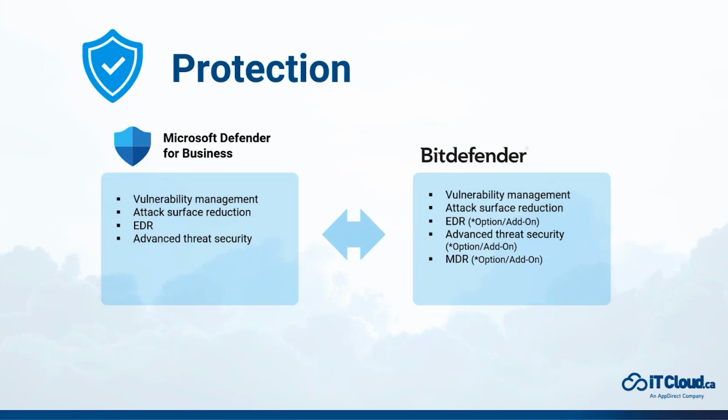You also get attack surface reduction. Now, some of you might ask, what exactly is attack surface reduction? We hear about that, but what does it actually do? Well, if we look at an AV, most protections will be based upon two things. The first one, obviously, is known malware. So you get a database of known malware, and there are different ways to identify those, so signatures and different types of things.